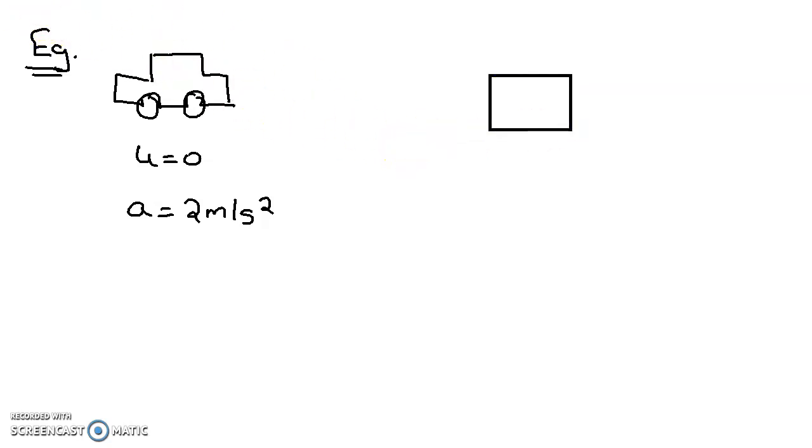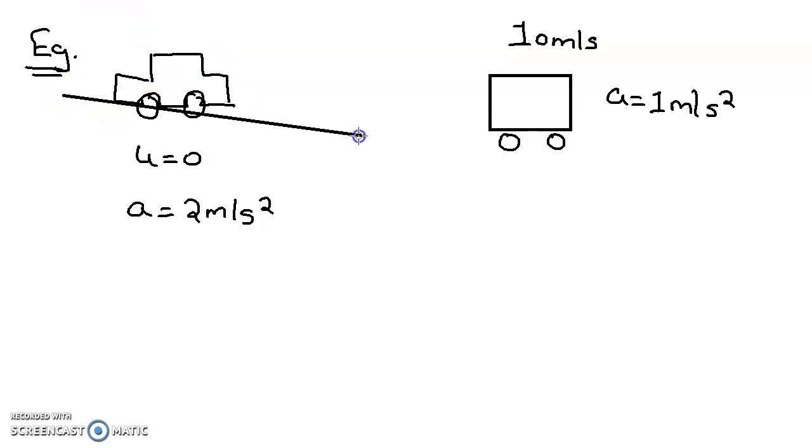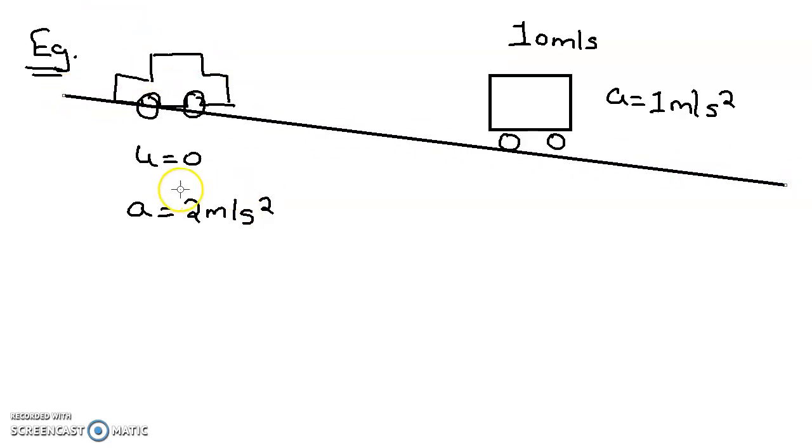It is moving with a velocity of 10 meter per second and its acceleration is 1 meter per second square. I'll just make it easy for you. So if I ask you one thing, the distance between them is 100 meters.